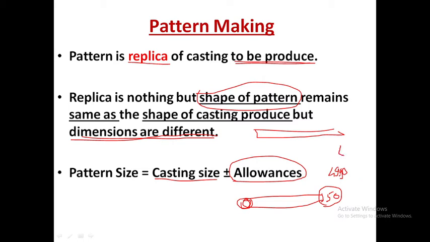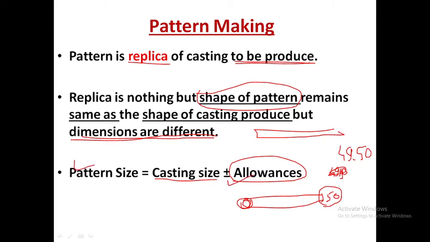We made the pattern of the required size, and still this is happening due to the shrinkage. That's why we give allowances on the pattern.